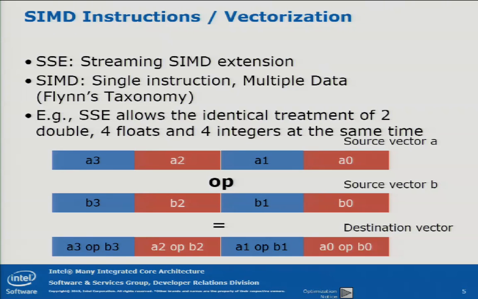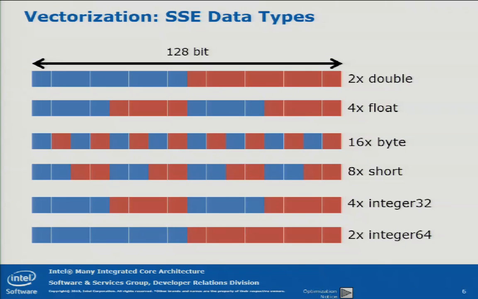Okay, SIMD vectorization. So the basic idea, and Chris already explained that shortly, is to have a single operation acting on multiple data elements at the same time, producing multiple data elements at the same time, right? Depending on the bit size of the vector register, like SSE, it's 128-bit.